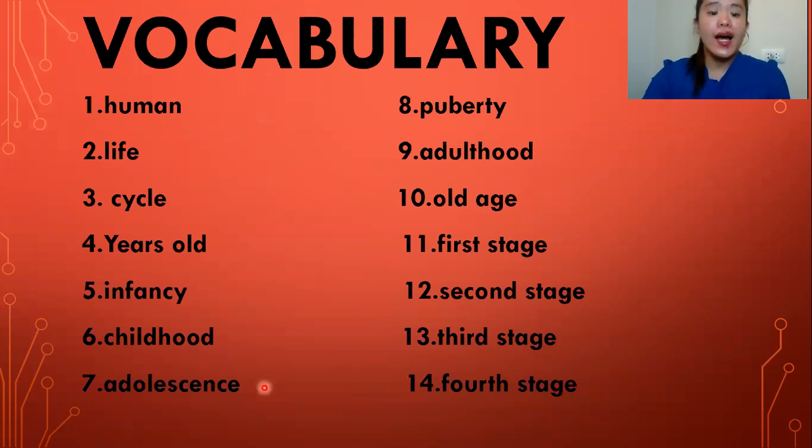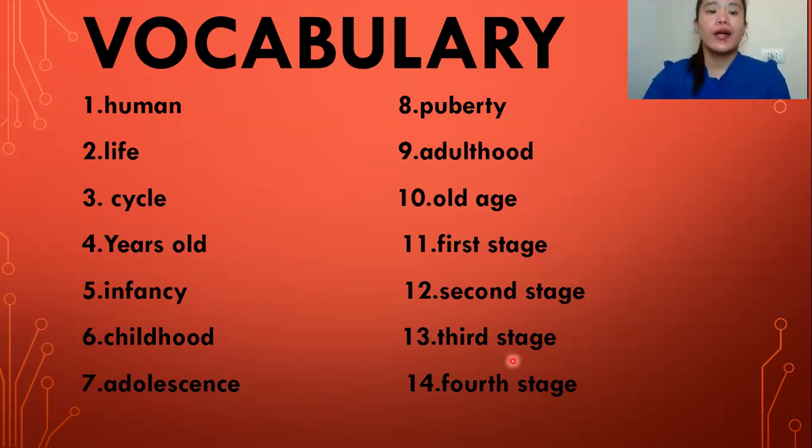Number 7, adolescence. Number 8, puberty. Number 9, adulthood. Number 10, old age. Number 11, first stage. Number 12, second stage. Number 13, third stage. And then the last one, fourth stage.